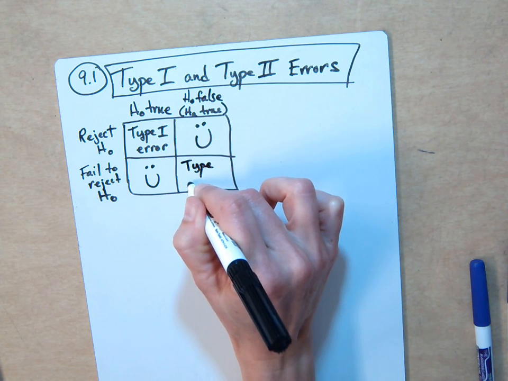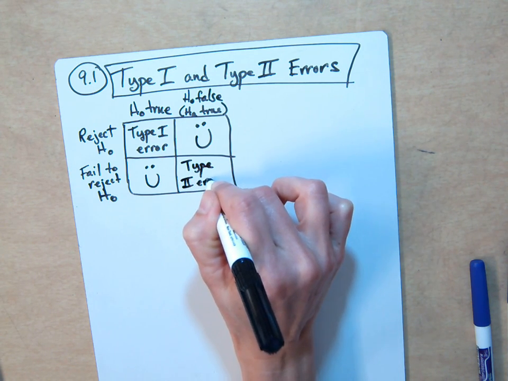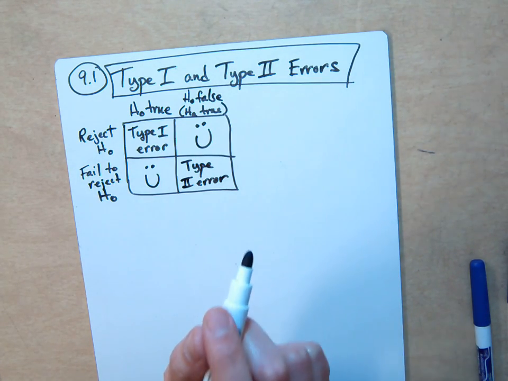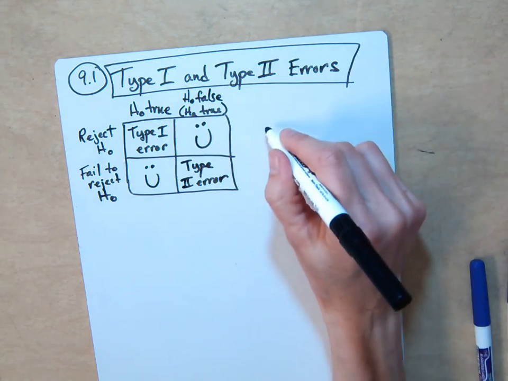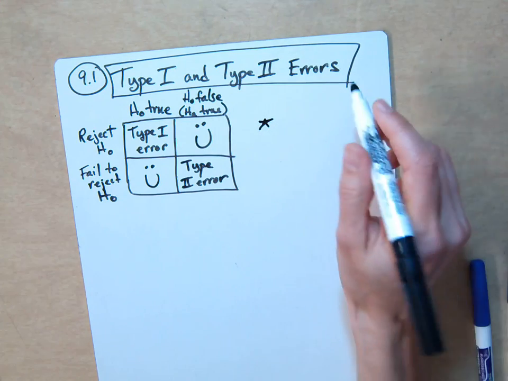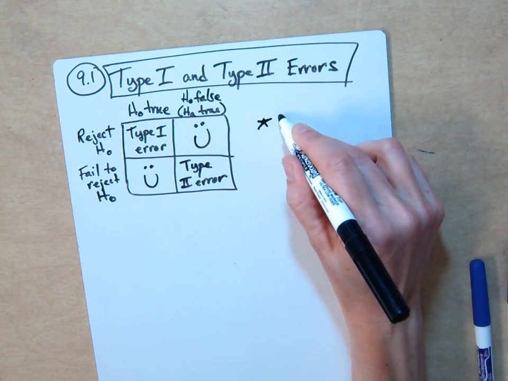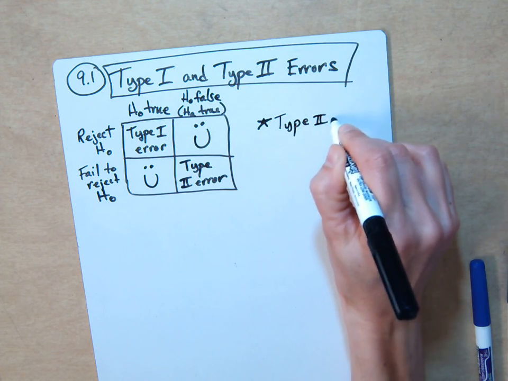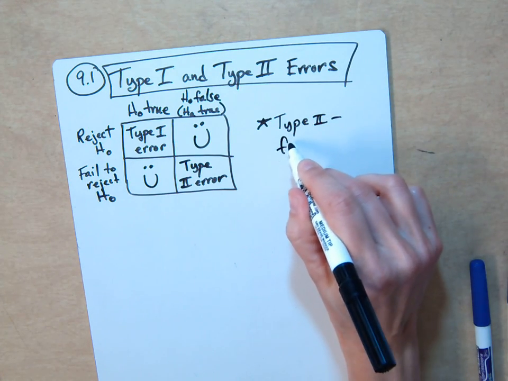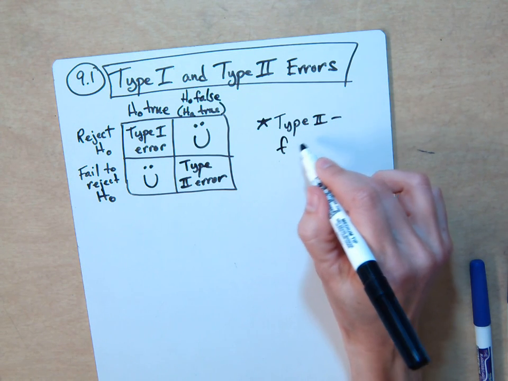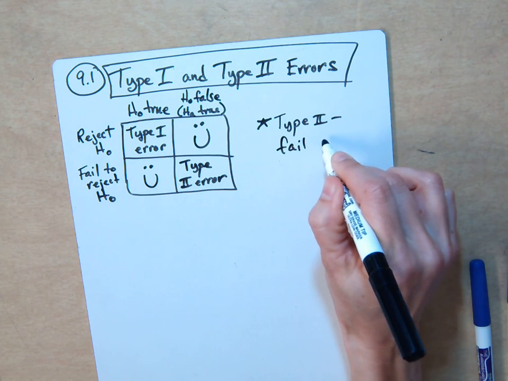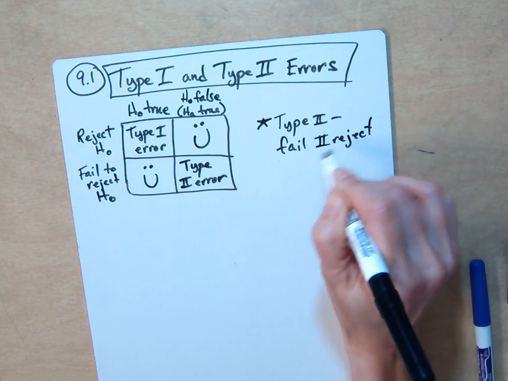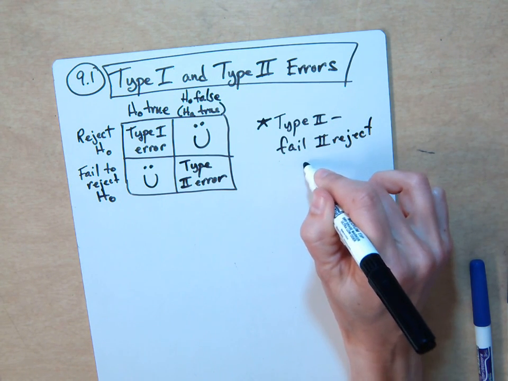Type 2 error. And you're not given this on your formula card, so the easiest way to memorize this, and I think it gives you this tip in the book, is to remember that type 2 means you fail to reject the null hypothesis.